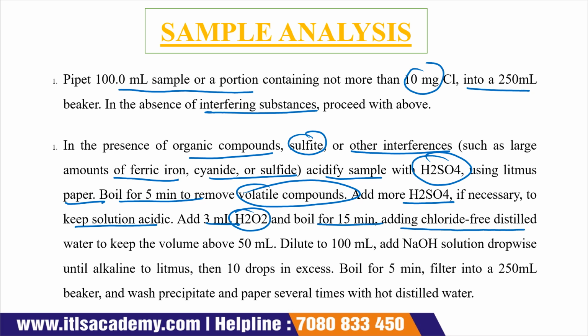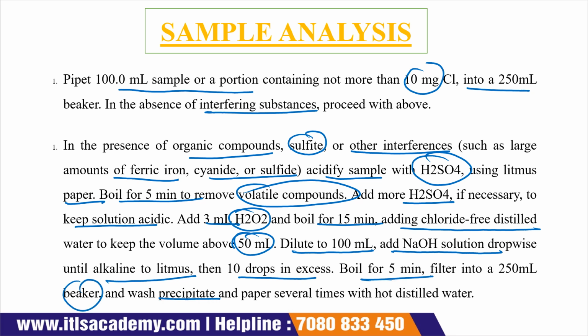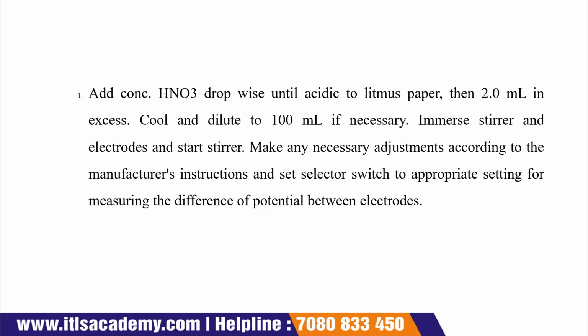Then add chloride-free distilled water so that the volume becomes more than 50 ml. Then dilute it to 100 ml and add sodium hydroxide solution dropwise until alkaline to litmus paper. Then add 10 drops in excess, boil it for 5 minutes, and filter it into a beaker and wash the precipitate paper several times with hot distilled water.